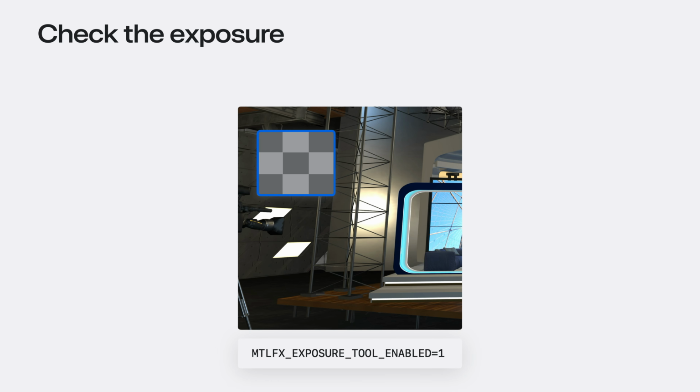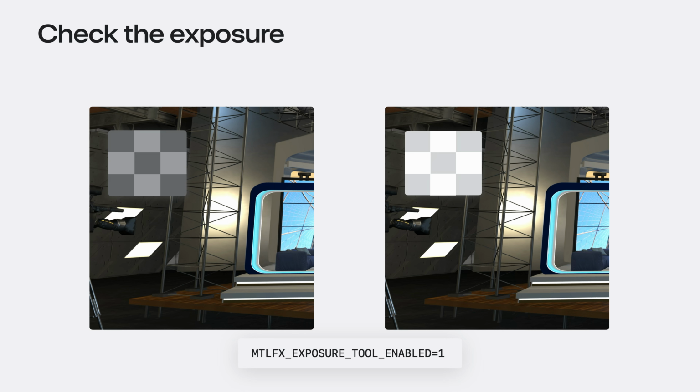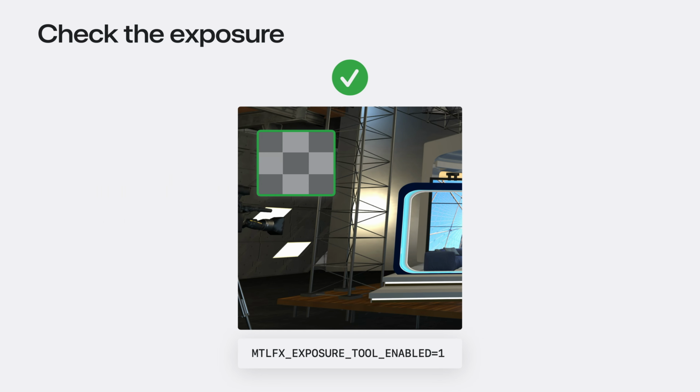You can then review how the pattern looks at the very end of your pipeline on the display. If the exposure value you pass into the upscaler is a mismatch with the tone mapper, the checkerboard will appear too dark or too bright. Another indicator of a mismatch is when the brightness of the checkerboard changes while your game is running. When your exposure value is correct, the grid pattern is a constant mid-gray.